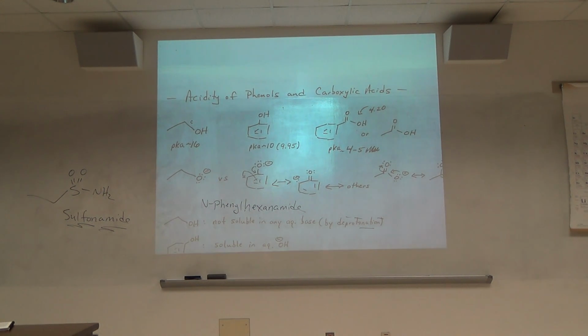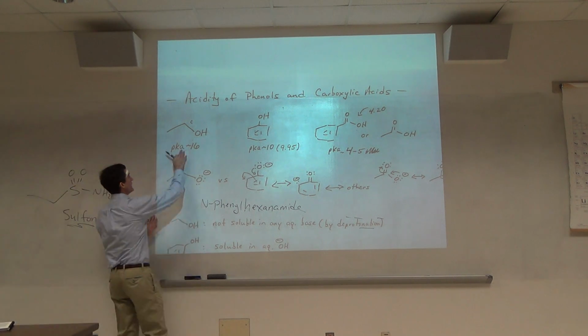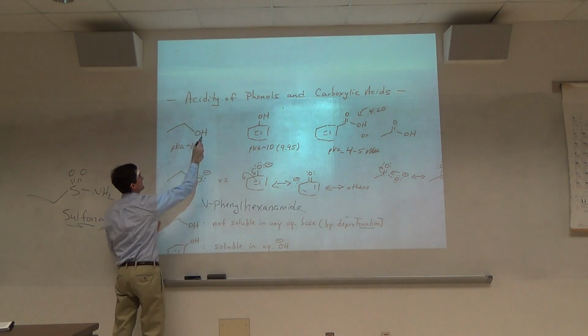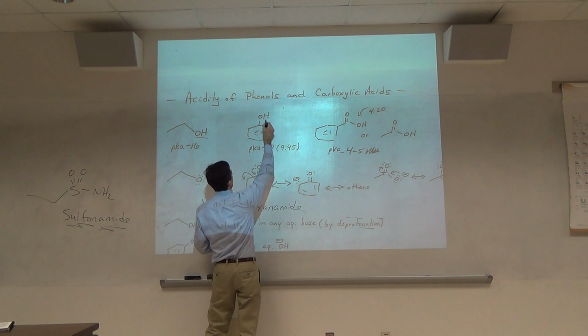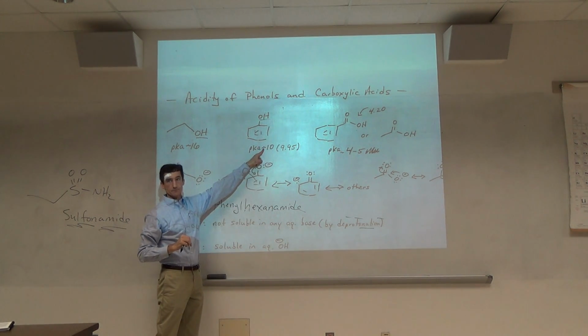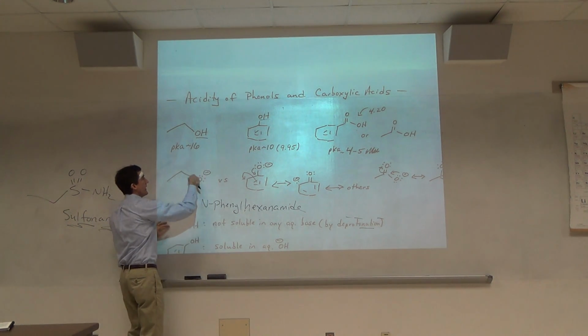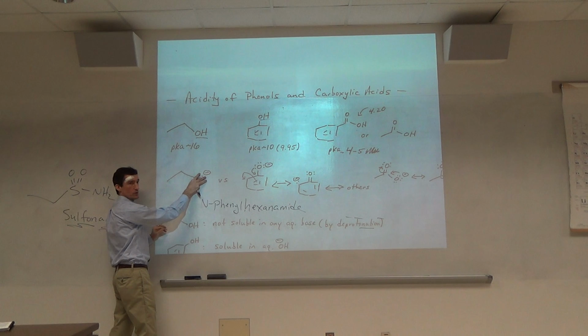Again, you can refer to the last page of your workbook that has a list of all your pKa's. Okay. These you pretty much need to know at this point. Alcohol is about 16. Phenol, about 10. So it's 1,000,000 times more acidic than regular alcohols. Why? The anion here is just localized. It has no resonance.